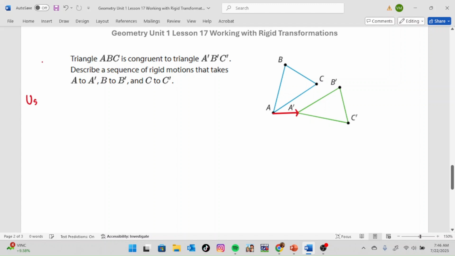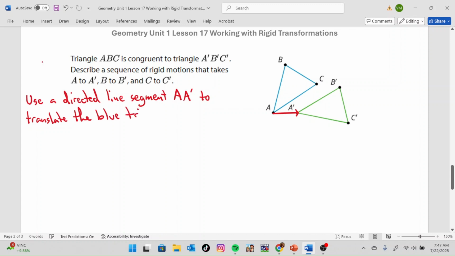So use a directed line segment, A to A prime, to translate the blue triangle to the right.